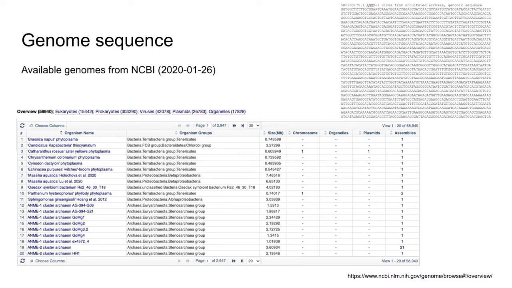And it's 15,000 from eukaryotes, 30,000 from prokaryotes, and then viruses and plasmids and organelles. And this is just the beginning of the list, and you could click further here. You see the sizes of the genomes and some more information on how many chromosomes.